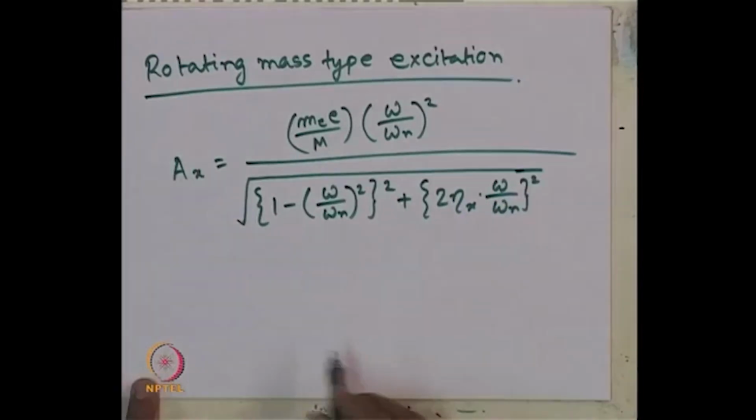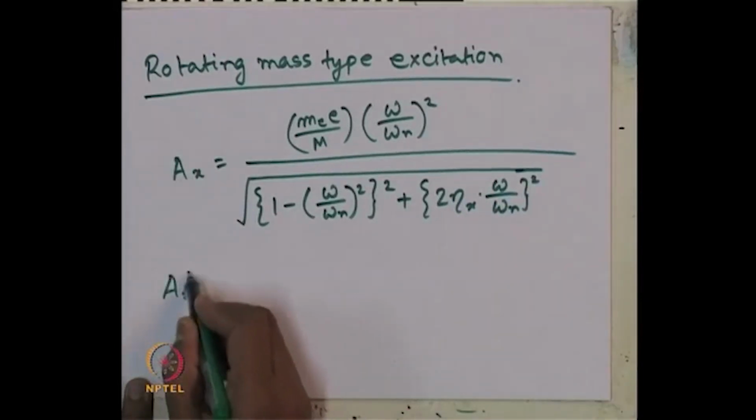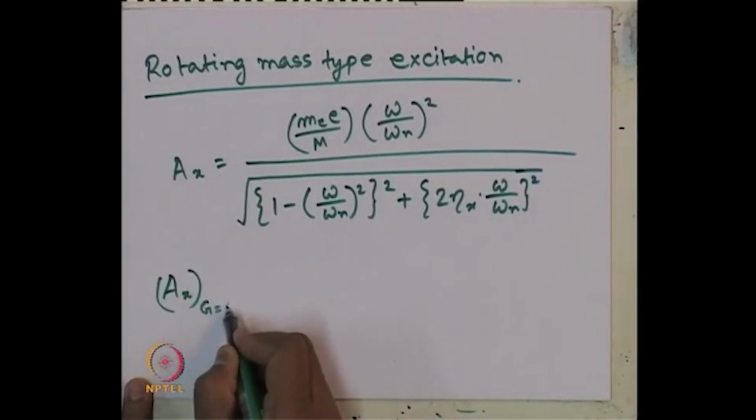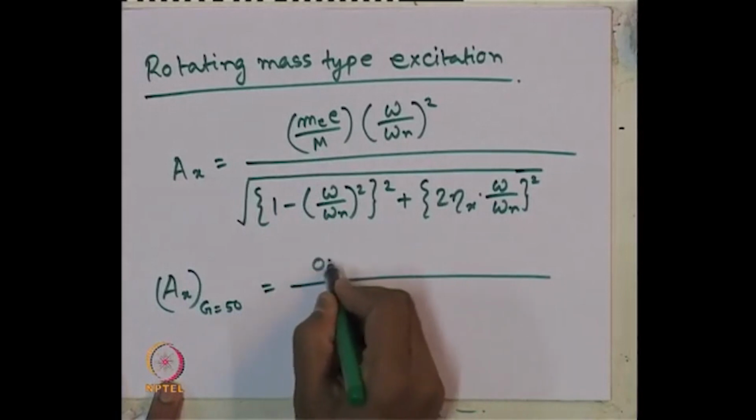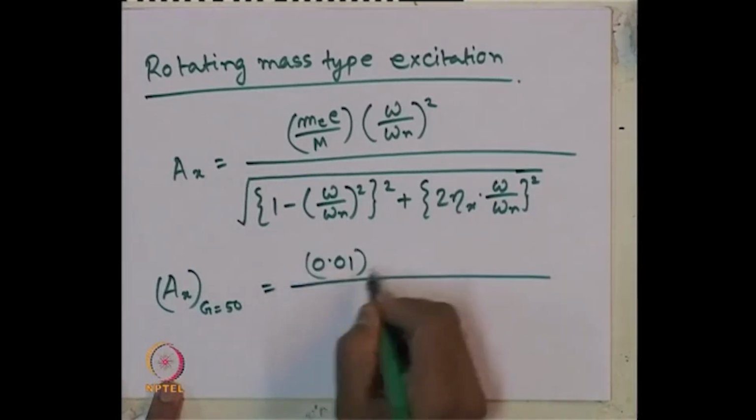So, for A x with g equals to 50, we have already calculated this value, 0.01 centimeter.